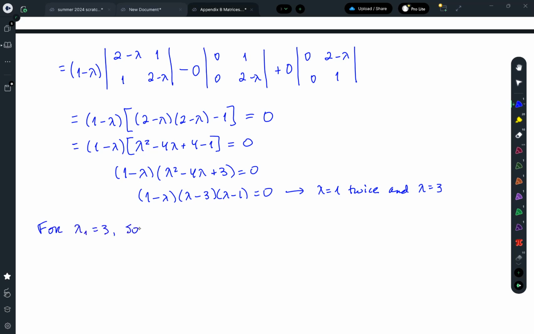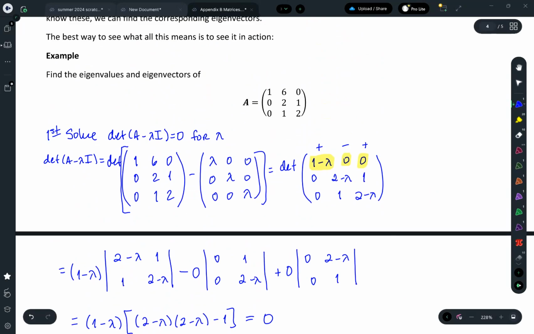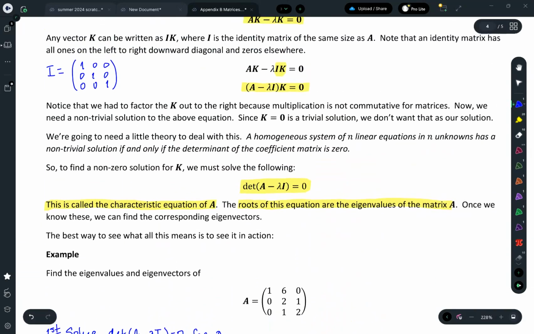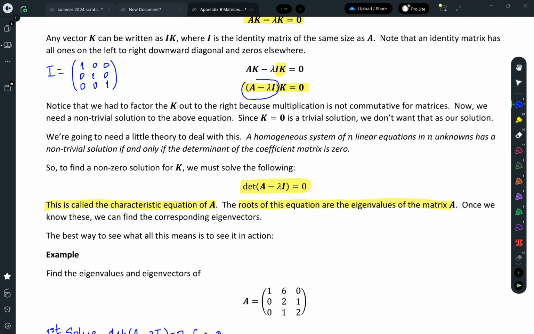We have to solve (A minus 3I)k set equal to 0. And where is that coming from? Let's go up here. It's coming from right here. This equation, (A minus lambda I) times k equals 0, we're solving that equation for k.